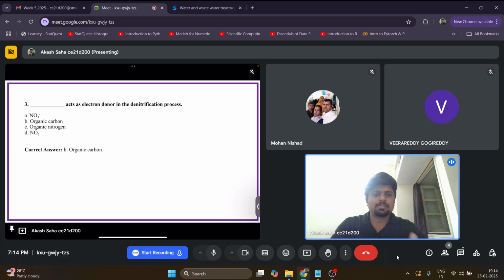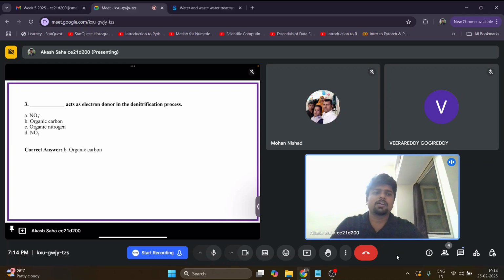Okay, so can someone tell me what is happening in a denitrification process? What is the form of nitrogen being converted to what form? Any idea? So here largely the nitrate is being converted to nitrogen gas. Okay. So now tell me what is the electron acceptor?